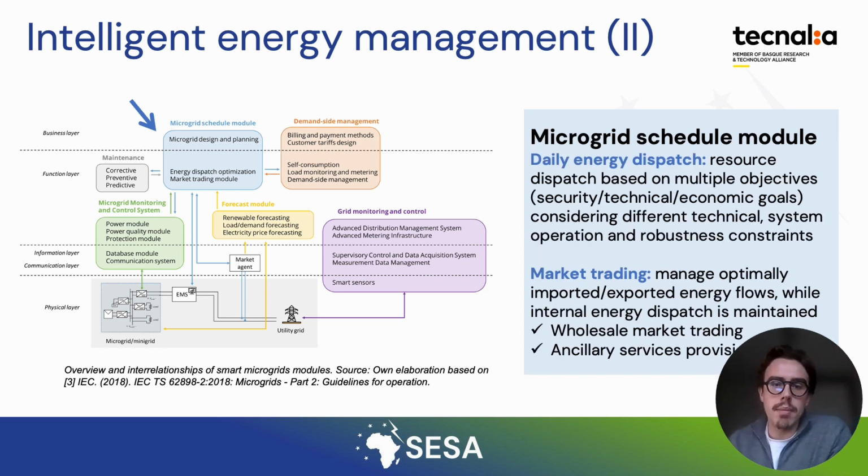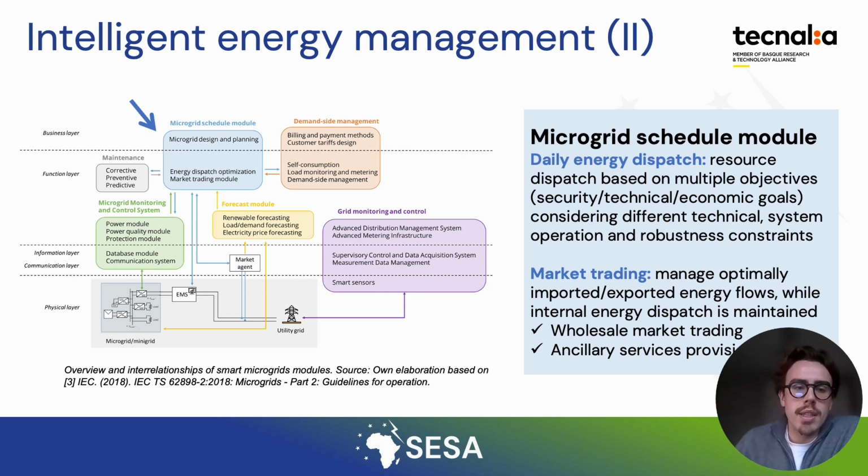In a shorter term schedule module, we can find the energy dispatch function, which aims for efficient allocation of power demand and supply. So this is usually done in the day-ahead horizon with different time intervals, for instance hourly, and following different objectives, for instance cost minimization or environmental objectives.